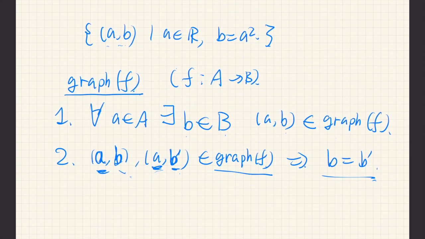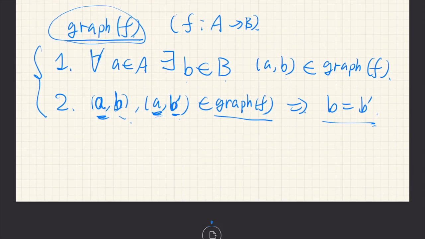Okay, so we take these two properties of the subset of graph as the fundamental properties, and we can reverse the definition of the graph. So let's define a graph. Definition: graph.